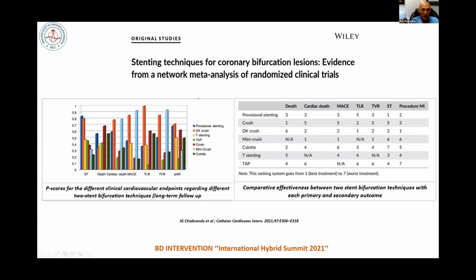But if we look at this meta-analysis, comparing different approaches in bifurcation stenting, you see that TAP, which is most indicated for shifting from provisional to two stents, is associated with the worst results in terms of target lesion revascularization, target vessel revascularization, stent thrombosis, and death as well.